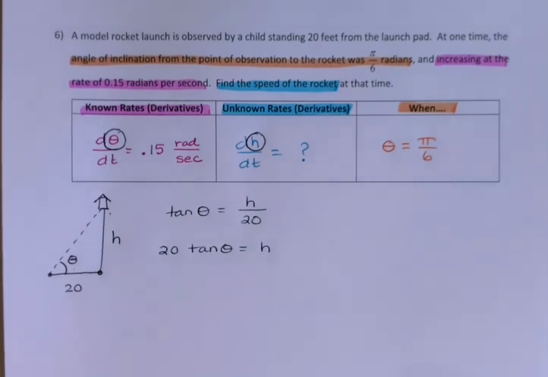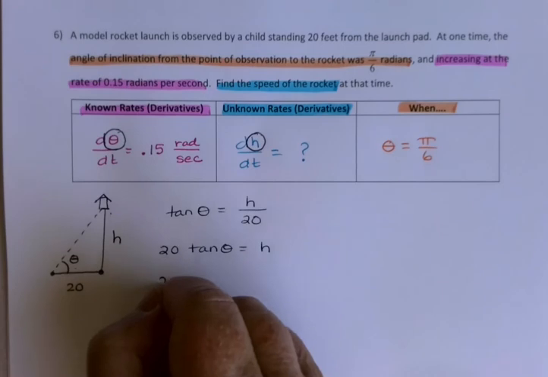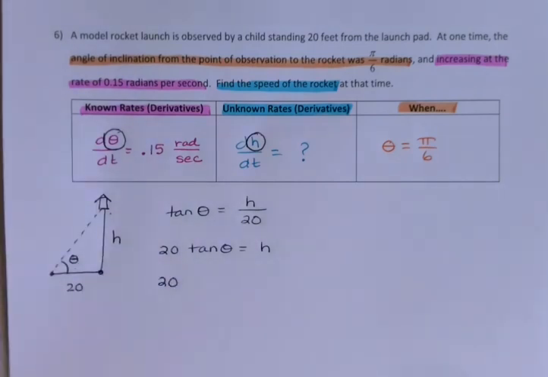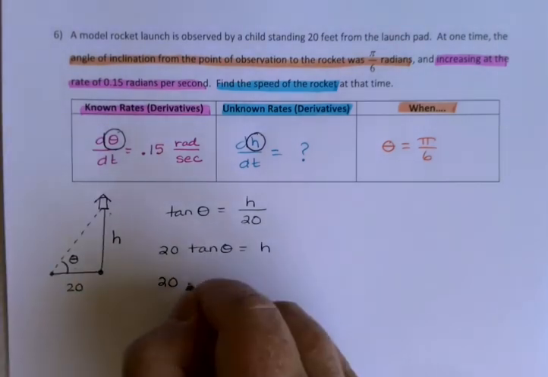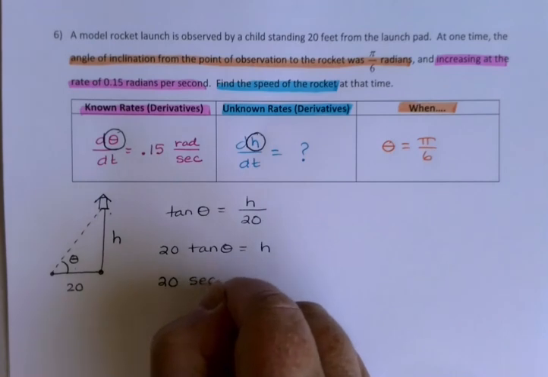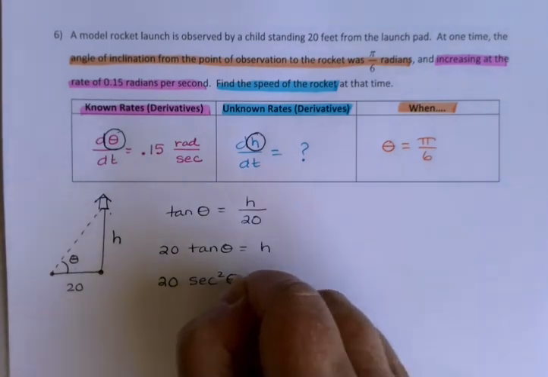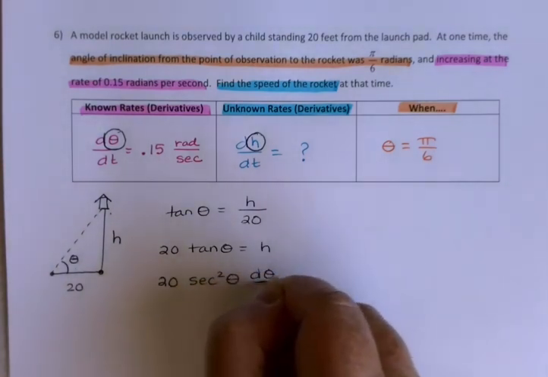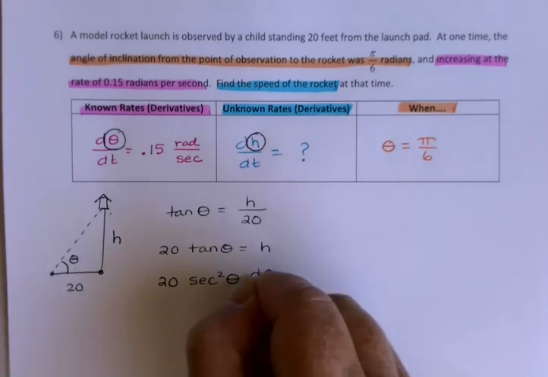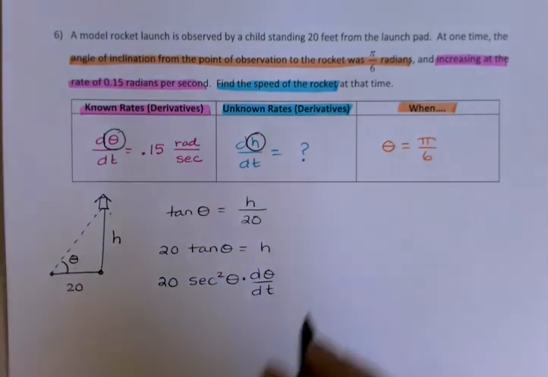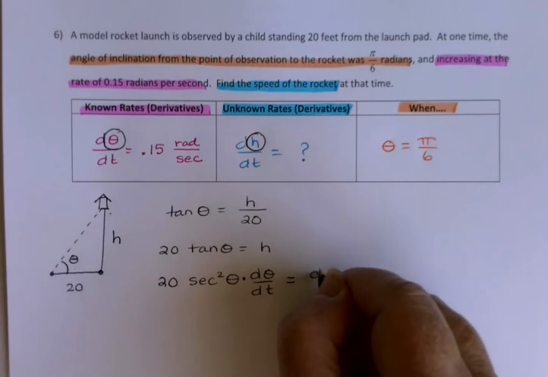All right, let's take our derivatives. Constant multiplier of 20 times the derivative of tangent theta, which is secant squared theta, and chain rule times d theta dt, equals dh dt.